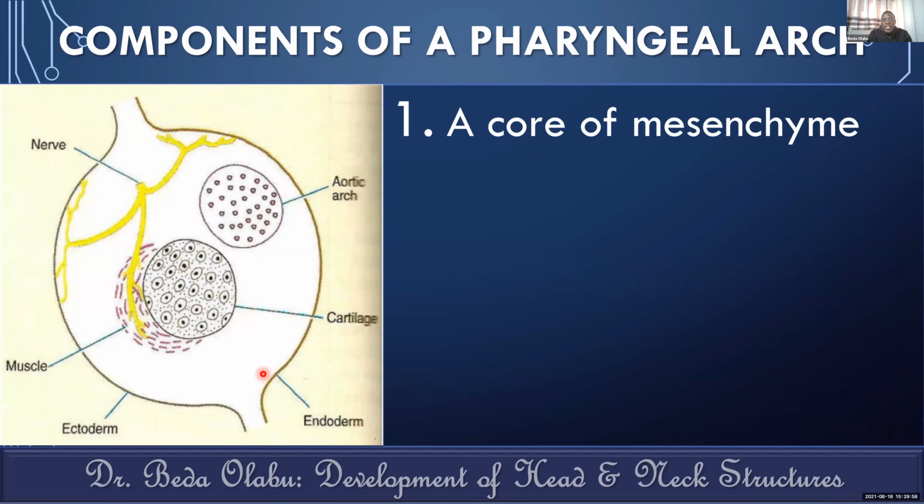Each pharyngeal arch consists of a core of mesenchymal tissue. And I've told you that this mesenchymal tissue has dual embryonic sources.